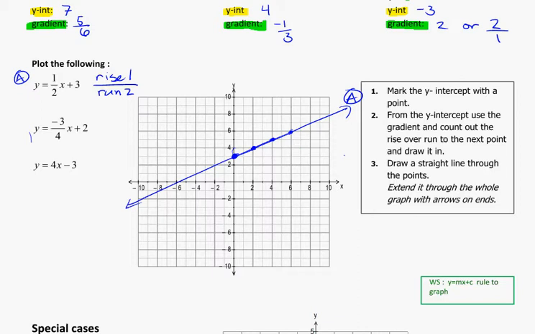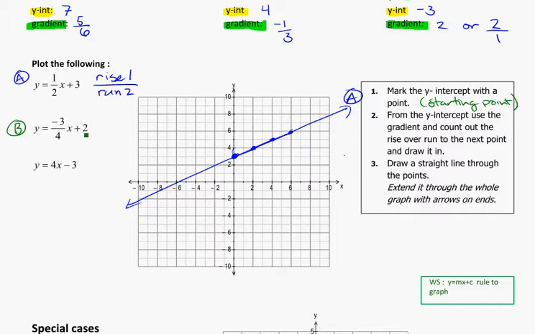Okay. Looking at the next one. Let's call this B. Think about what your first step is. Again, we have to mark the y-intercept with a point. That's always going to be your starting point. So find the y-intercept here.